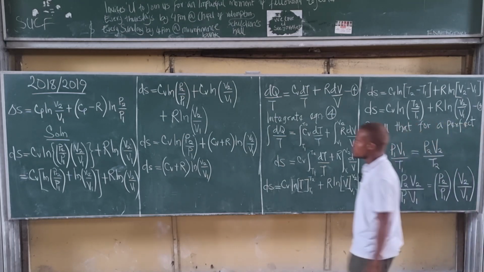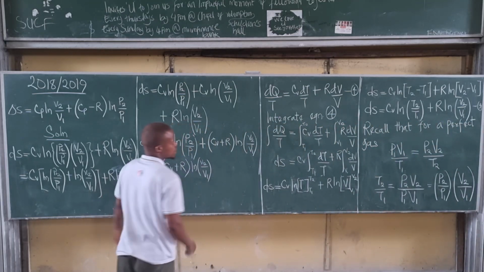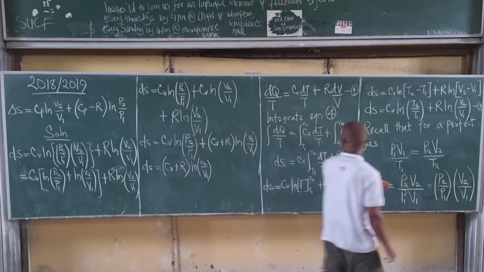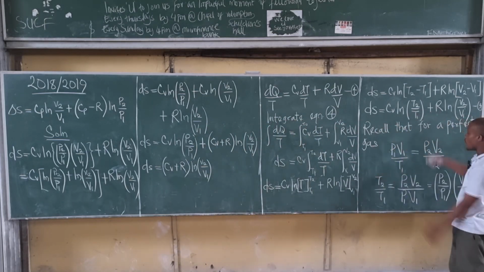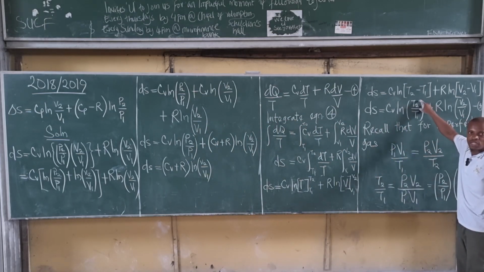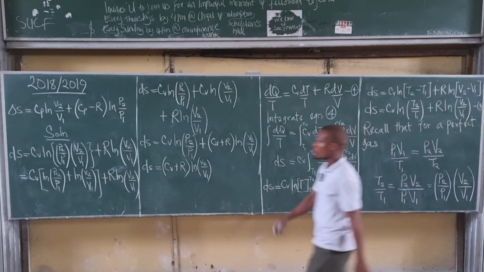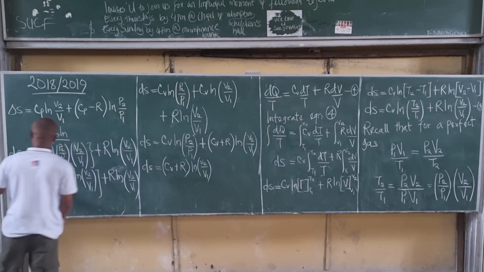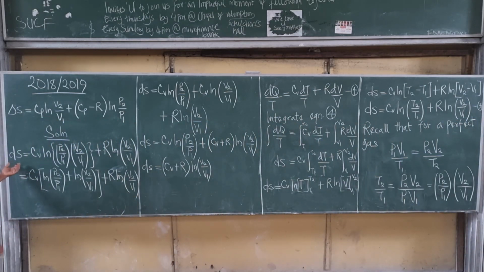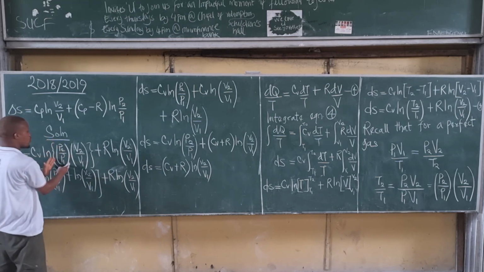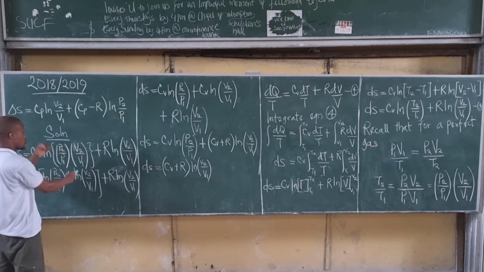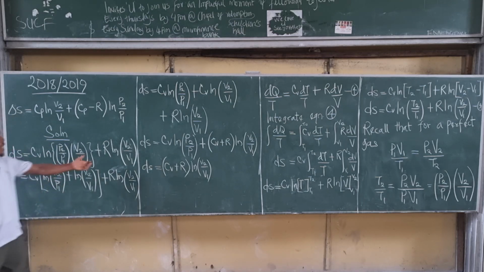Next, we substitute that into our equation 5 for the value of T2 over T1. Therefore, we get that delta S, the change in entropy, is equal to Cv ln of P2 over P1 multiplied by V2 over V1, plus R ln V2 over V1.